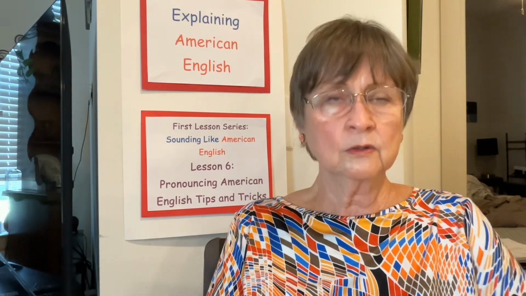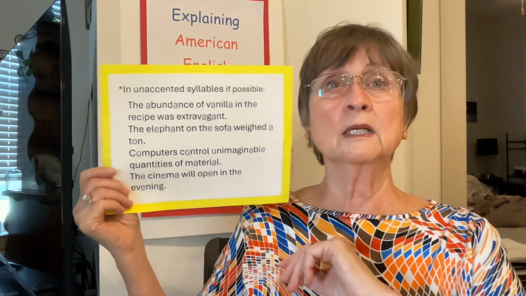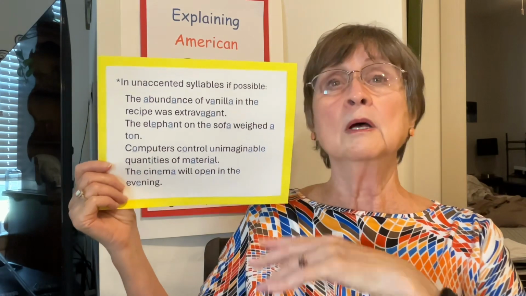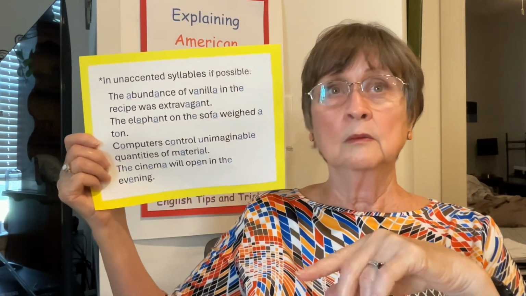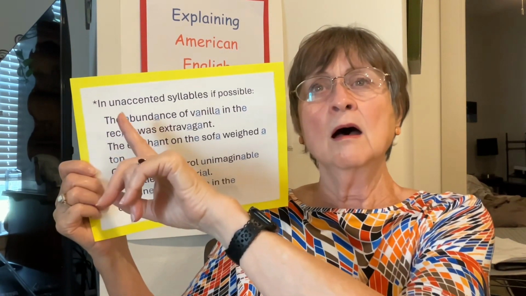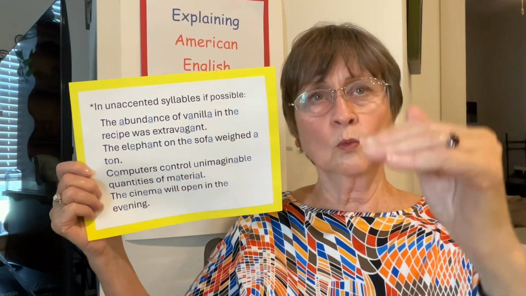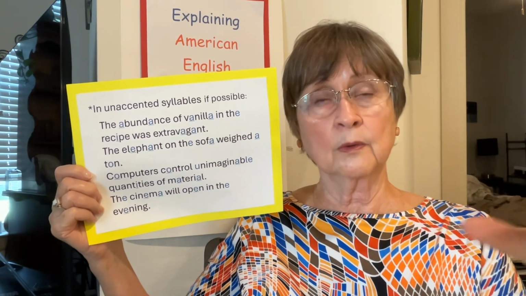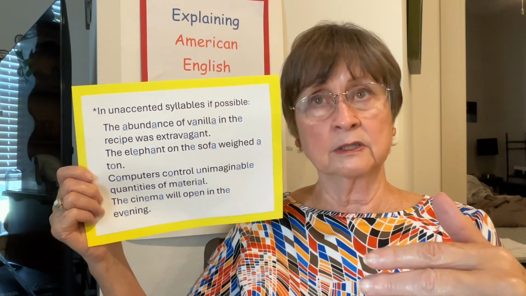Another time we use it, like I said, it's so popular in English and it's so ugly, but we use it a lot. Not just for short U sound, but many other places. In unaccented syllables. Now in English, we stress one part of a word more than another. The part we stress, we say louder or stronger, is accented.